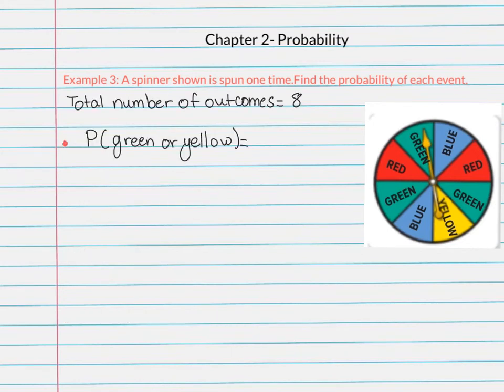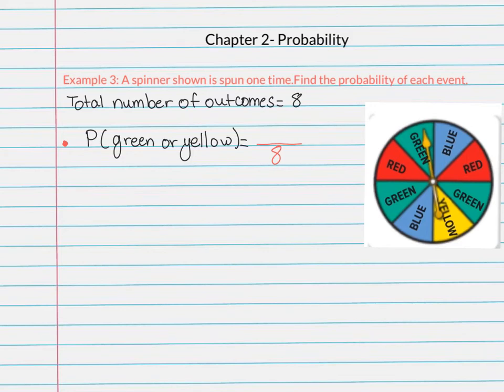Another example. On the same spinner, probability of green or yellow. Remember, when we have "or", we count them together. First, let's write the fraction. The denominator does not change, and that's an 8. Green or yellow. Let's count the green and the yellow.